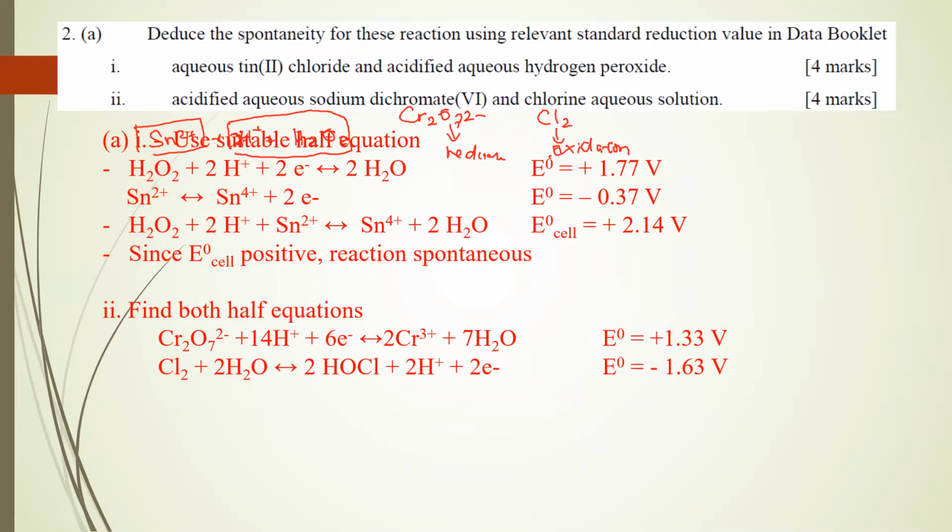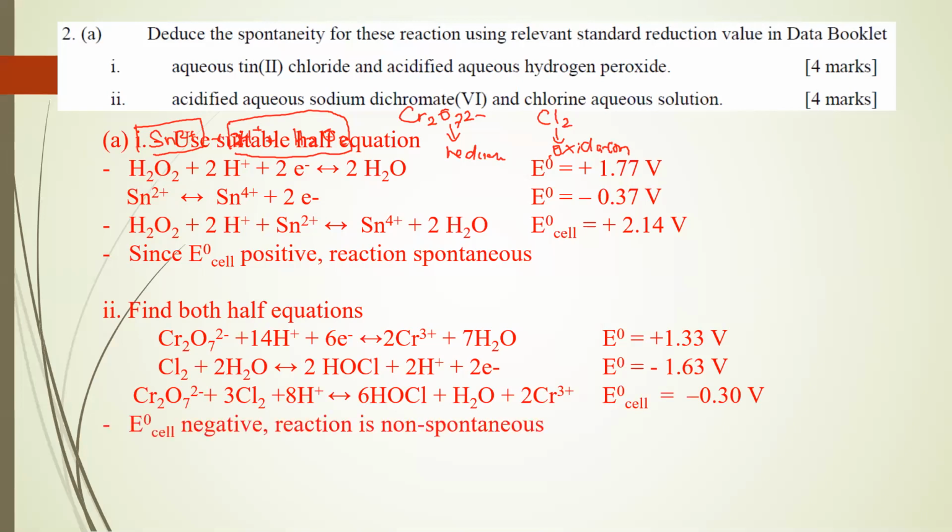That is the principle. So as a result, when you write the overall equation, E°cell is negative, 0.30 negative. Since E°cell is negative, the reaction is non-spontaneous. That is how you deduce whether a reaction is spontaneous or non-spontaneous in here. Okay, so that is for number 2.